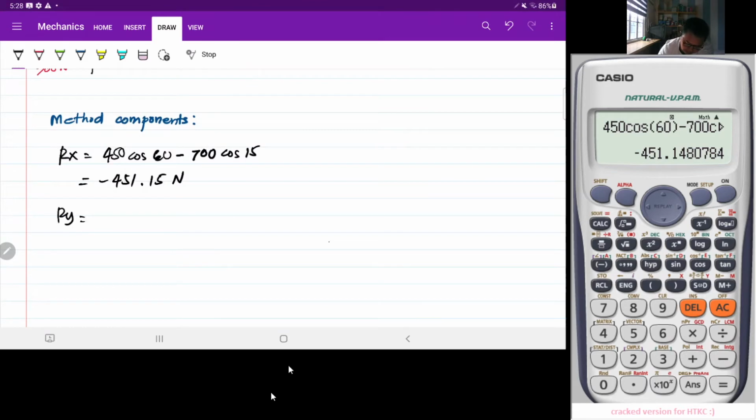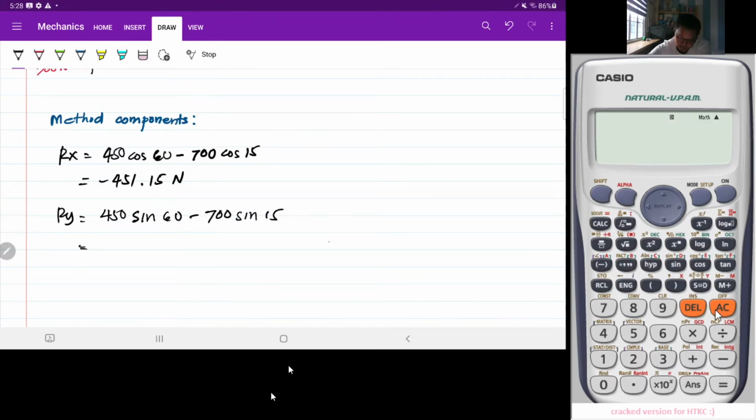Okay, so next is Ry. Let's assume going up forces is positive. So 450 is going up, 450 sine of 60, and 700 is going down in the third quadrant, so 700 sine of 15. So what is Ry?